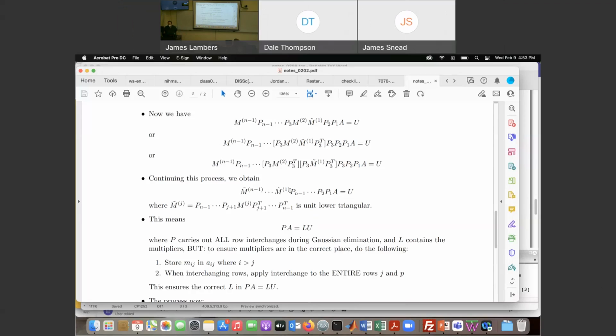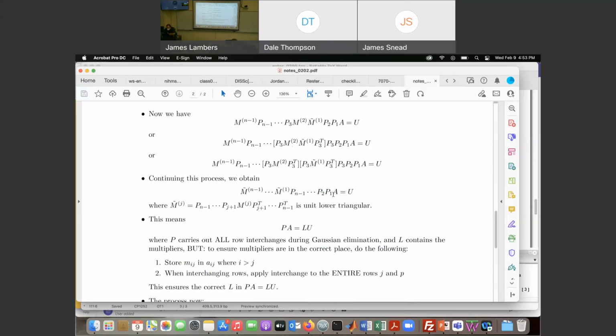All right. So you want to see how these factors relate to what's up here? Okay. So P is a product of all the row interchanges that ended up being performed during Gauss elimination, in that order.